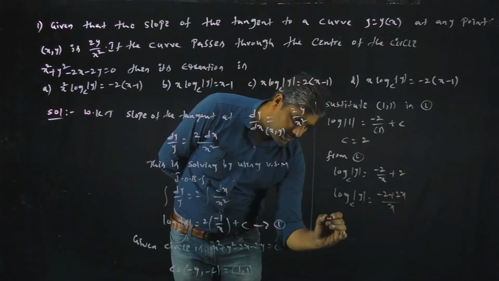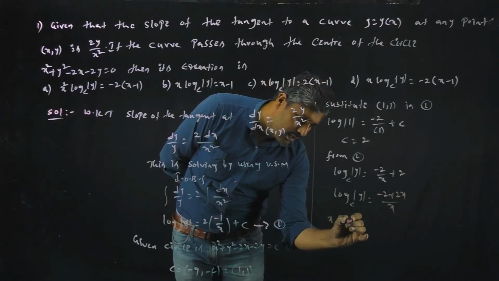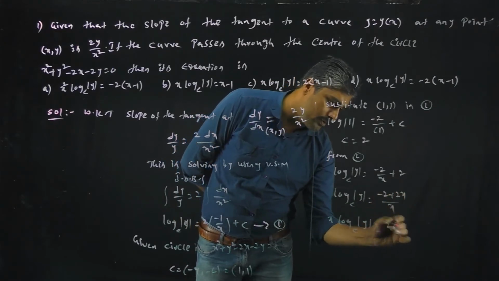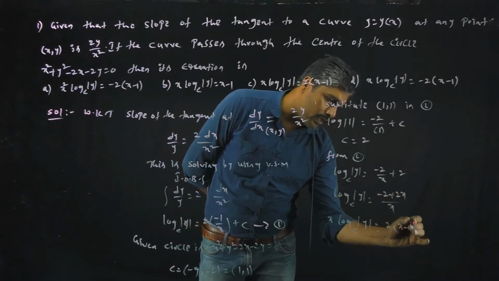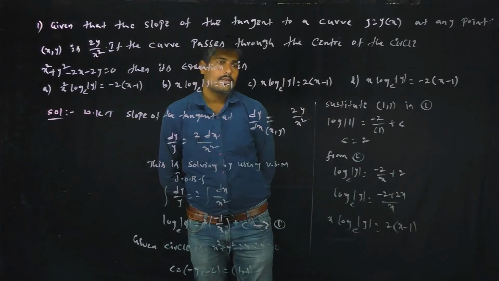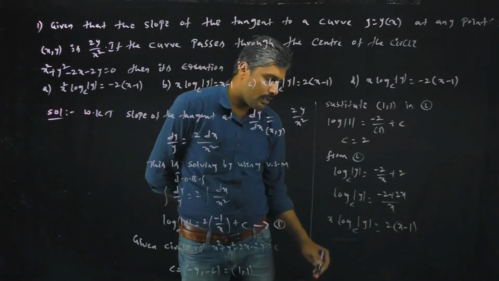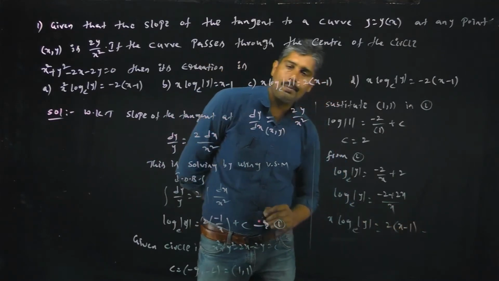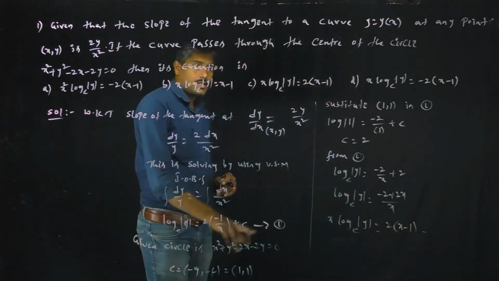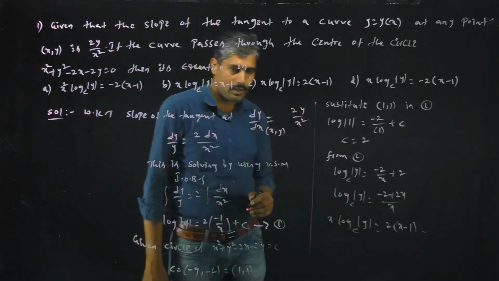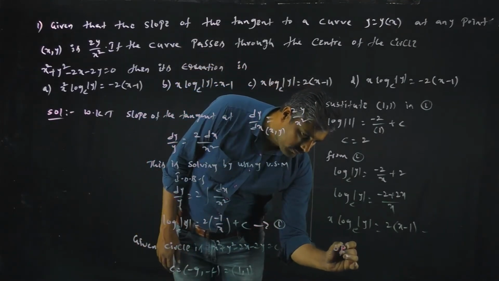Then separating the terms, x log|y| = 2(x − 1). Therefore, from the options, x log|y| = 2(x − 1), so option C.